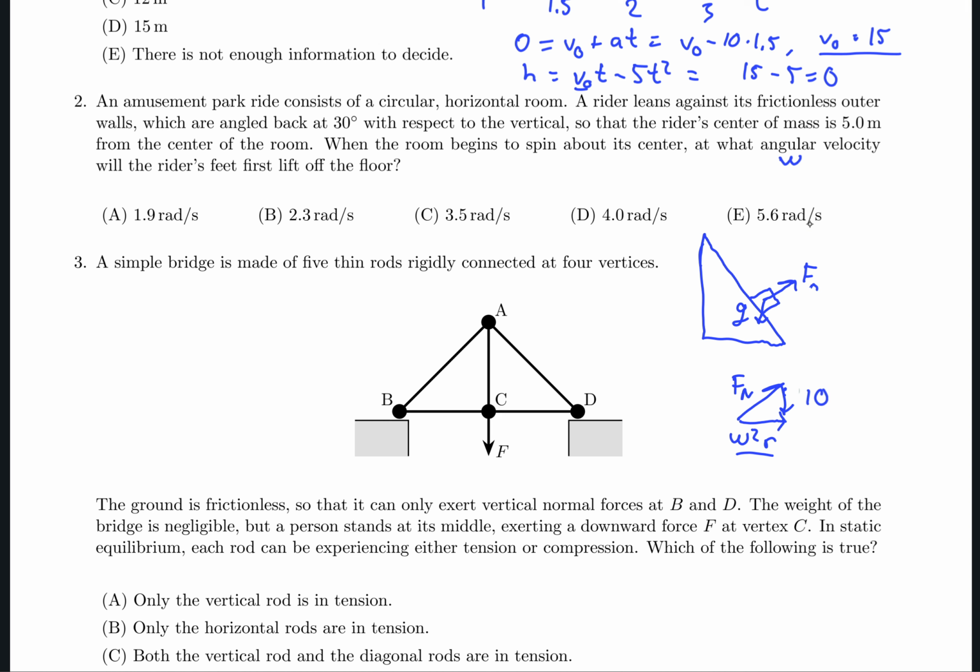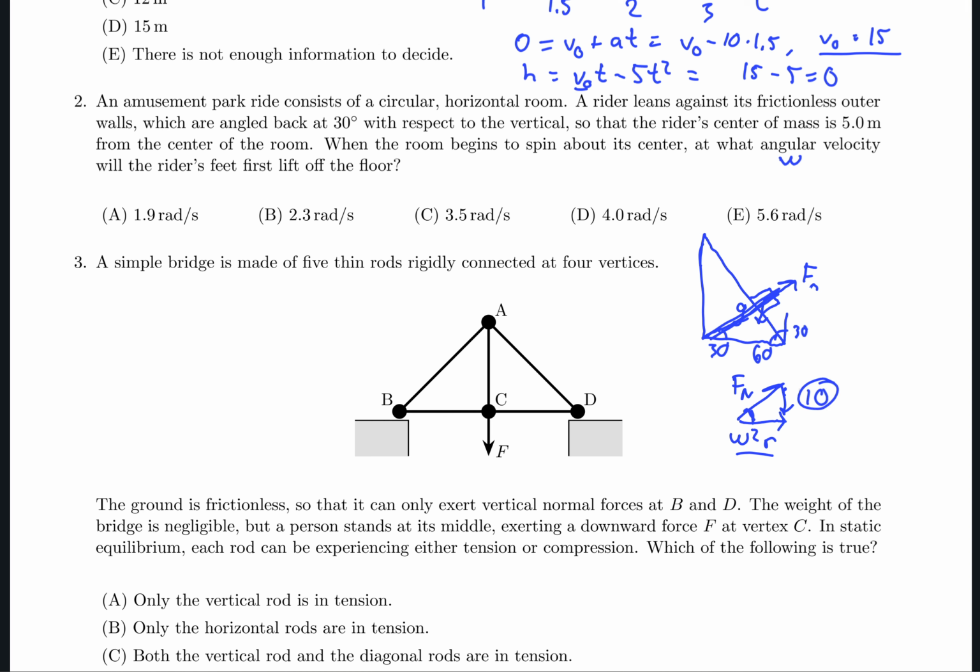If we remember, this angle here will be what happens if we continue this line. And this is 30 degrees because we know that this is 30, so this is 60. So now we've got a 30, 60, 90 triangle.